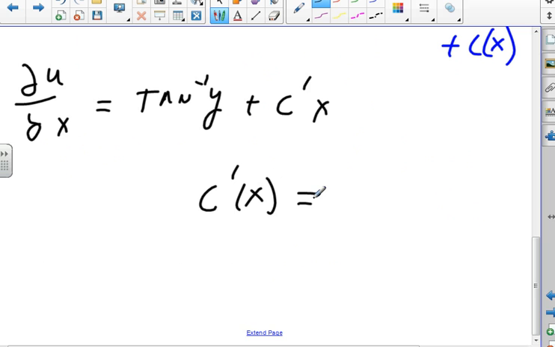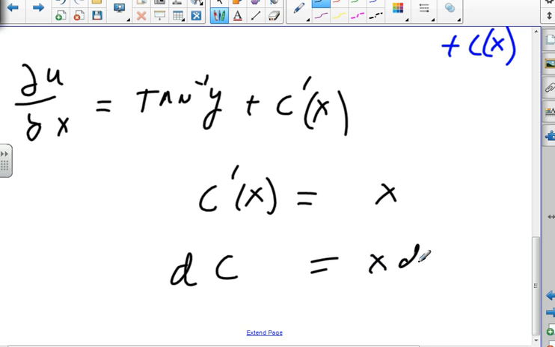Is that what it is? Yeah, it's equal to x. So dc is equal to x dx. C of x is equal to x squared over 2 plus some constant k.